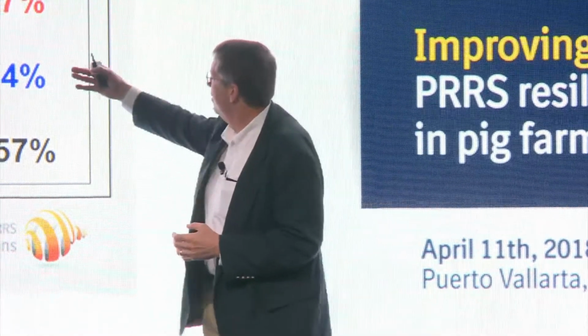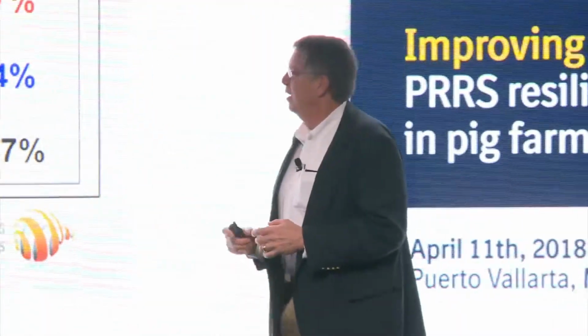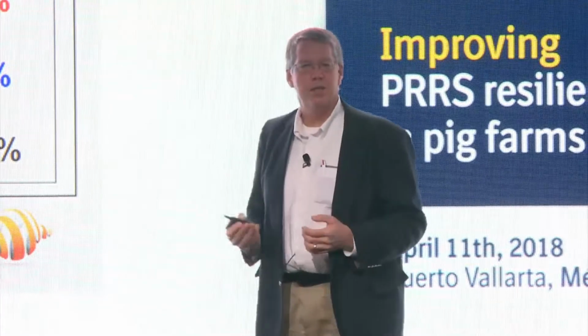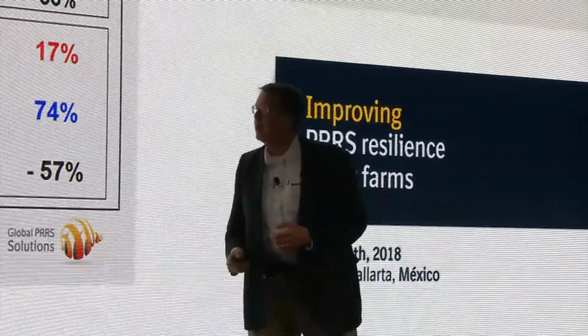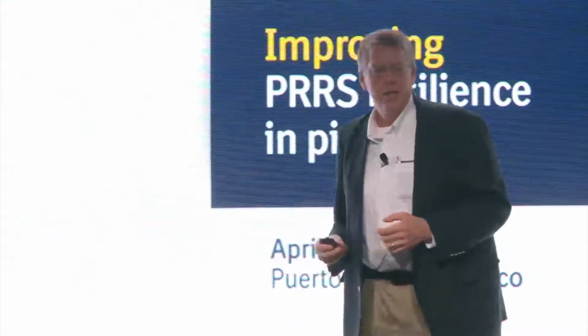What we found is that 74% of the low-risk farms survived at least to 18 months and achieved the break-even point for depop repop, whereas 17% of the high-risk farms did as well. So even if you do break, there's still advantages to doing what you can to mitigate your risk, particularly in this case, your external risk.